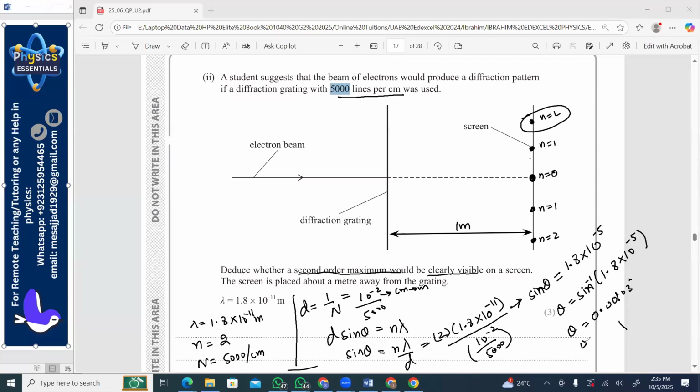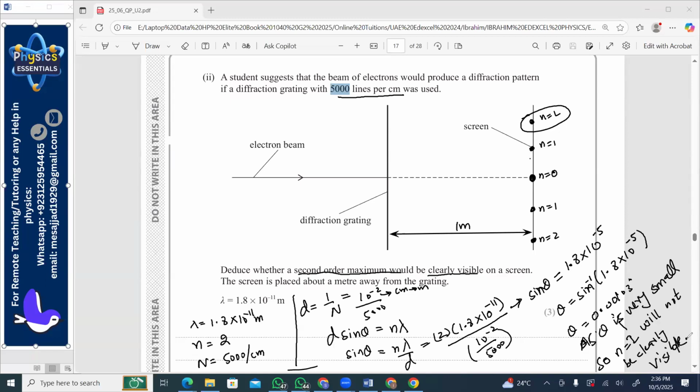So you just write theta is very small, so n equals 2 will not be clearly visible.